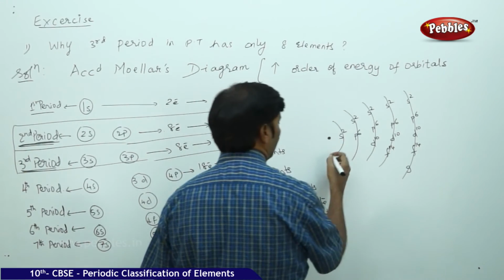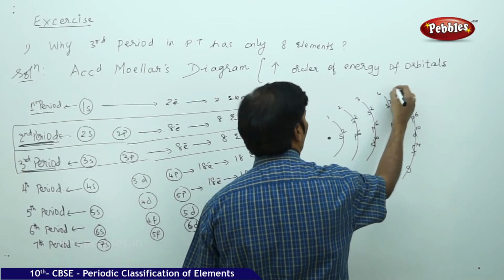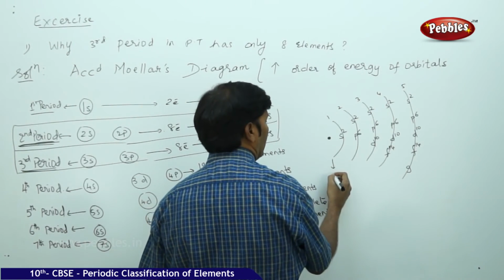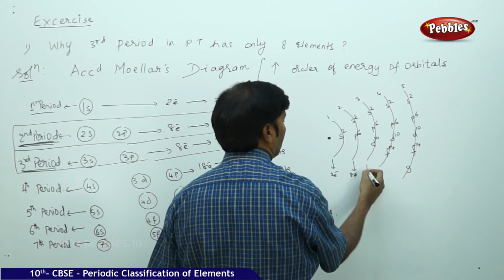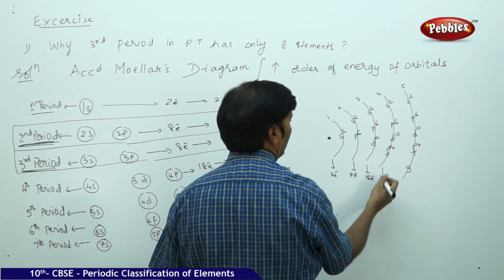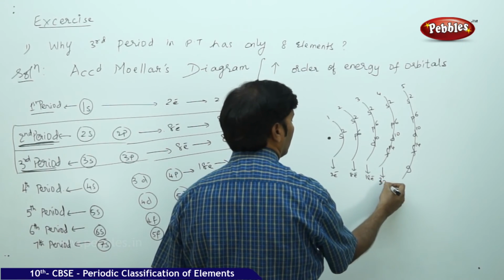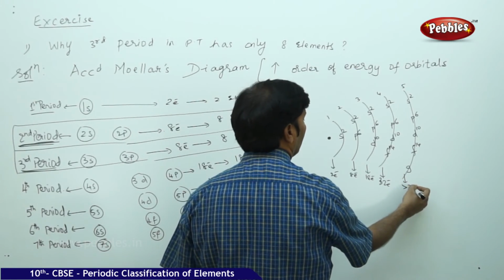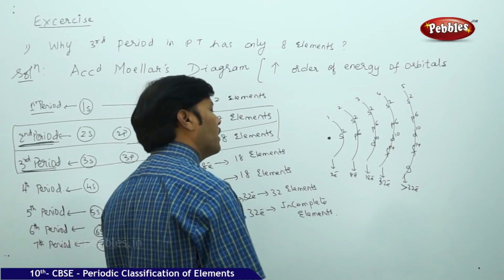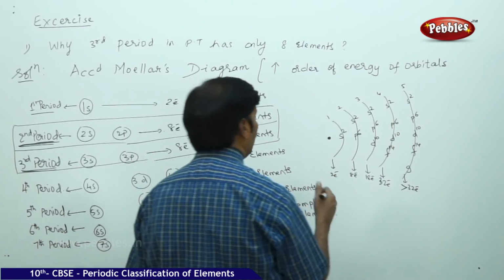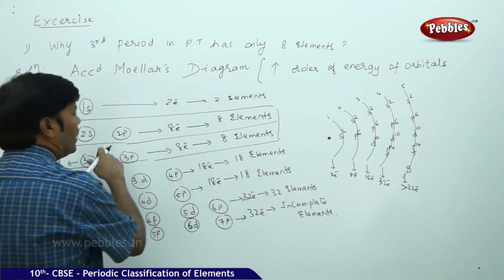If this is the first, second, third, fourth, fifth shell, then for the first shell the number of electrons is 2, second shell 8 electrons, third shell 18 electrons, fourth shell 32 electrons, and fifth shell greater than 32 electrons. Here we are trying to take this in the form of blocks. The second and third periods contain only 8 elements.